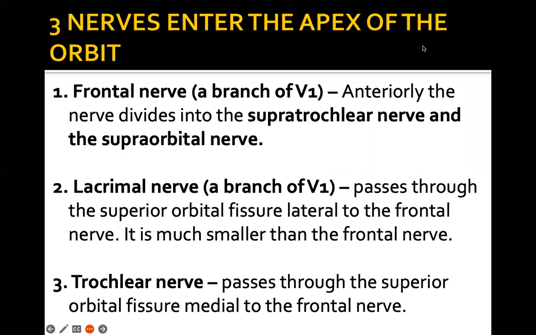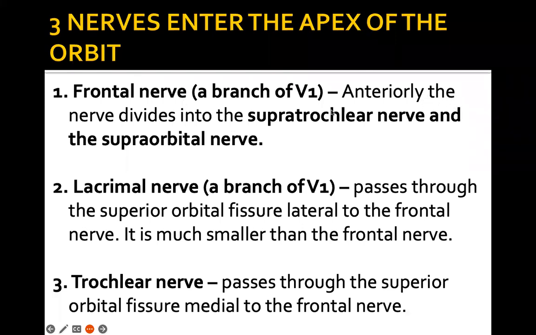Three nerves enter the apex of the orbit. We know that by now, what the apex stands for. You have the frontal nerve, which is a branch of V1. Okay, so V is the trigeminal nerve, the ophthalmic branch. You have a frontal nerve.